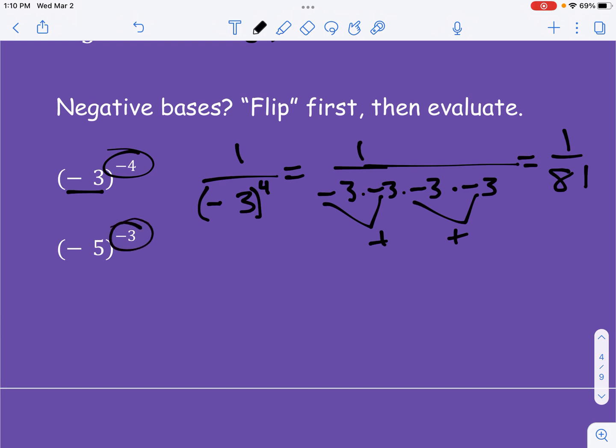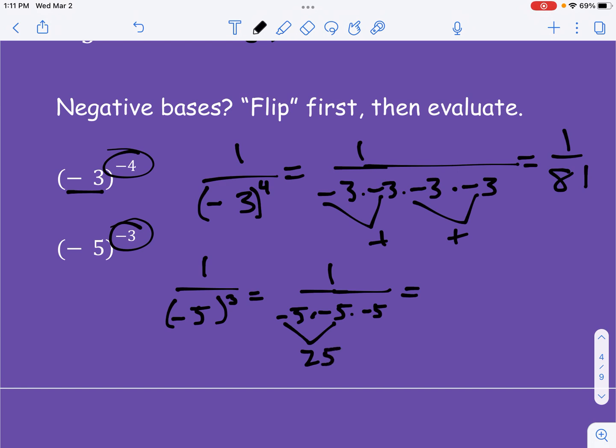So this one, let's do the same thing. We have 1 over negative 5 to the 3rd power, which is 1 over negative 5 times negative 5 times negative 5. When I multiply negative 5 and negative 5, I'm going to get positive 25. And then when I multiply 25 by negative 5, I'm going to get negative 125. So I have 1 over negative 125.